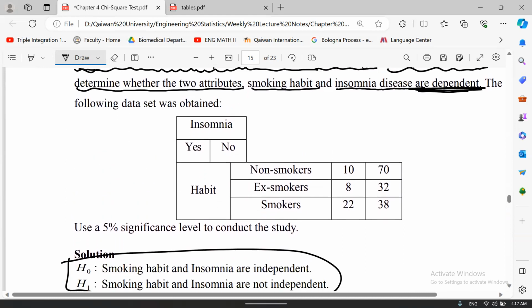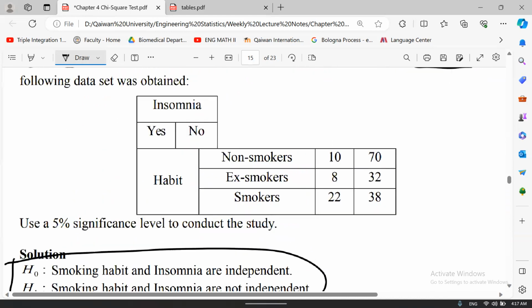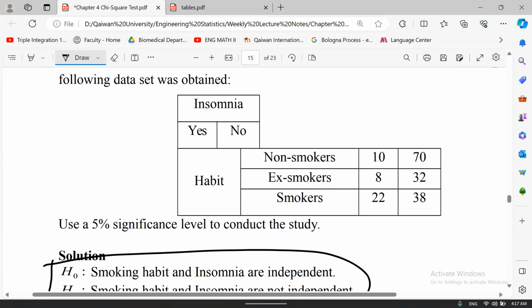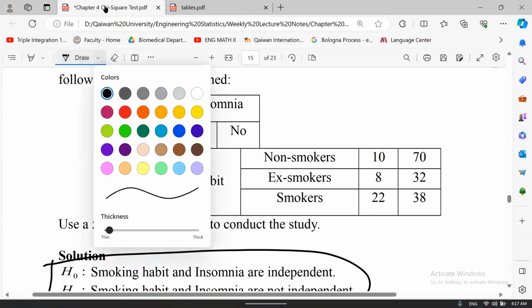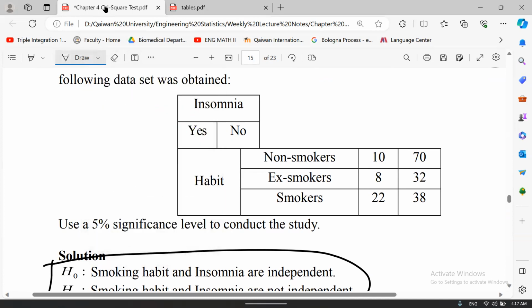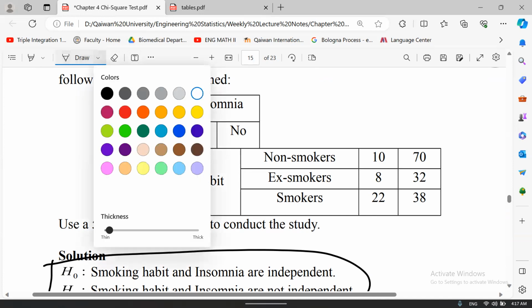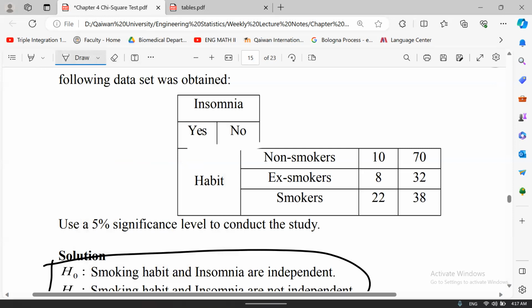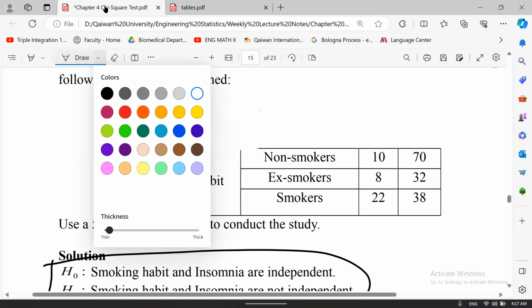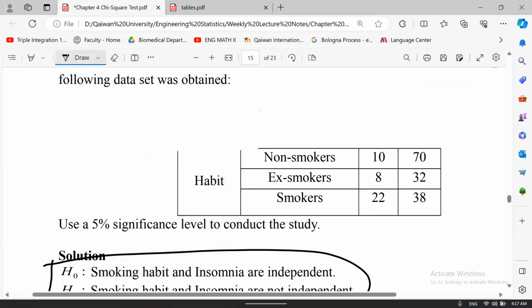Then this data set was obtained. This table is here.